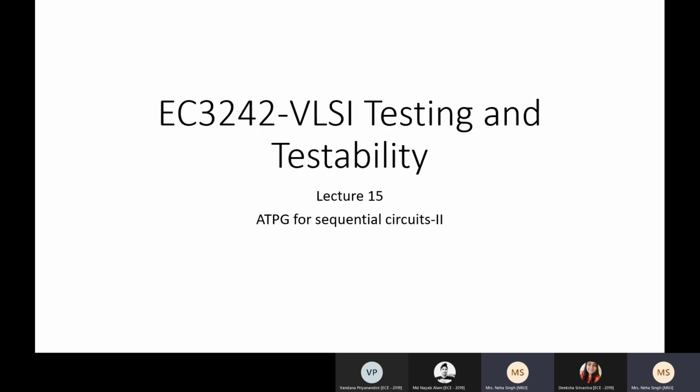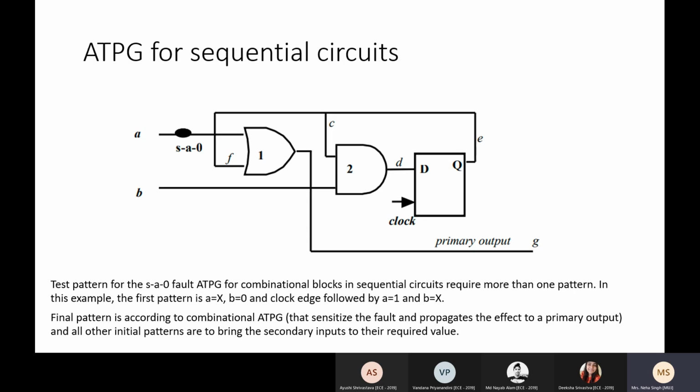Okay, so we revisit a bit what we did in the last class and then we'll continue further. We were talking about sequential circuit testing, right? Combinational we talked of, sequential we started, and we said that the issue with the sequential testing is the flip-flops.